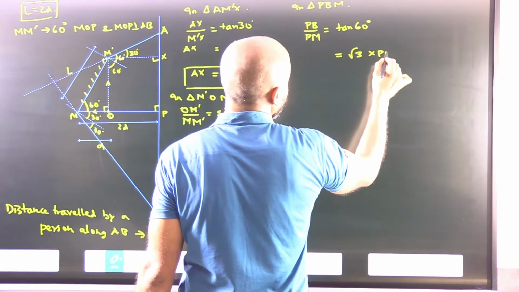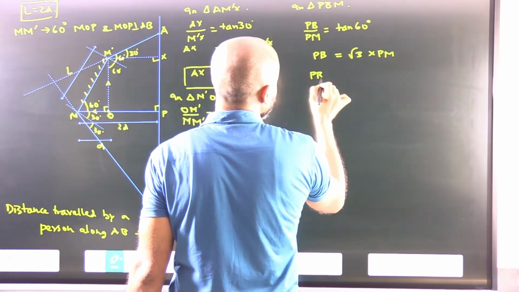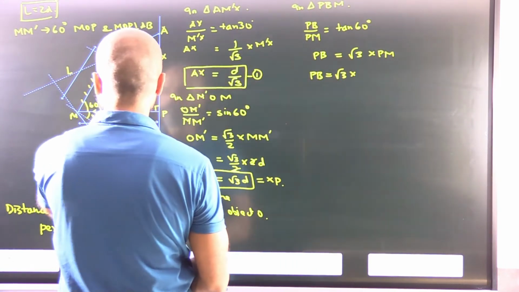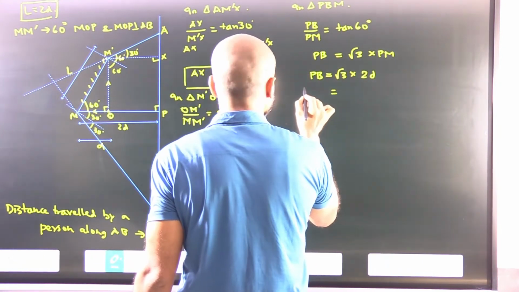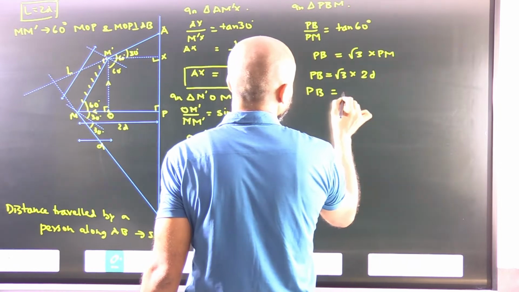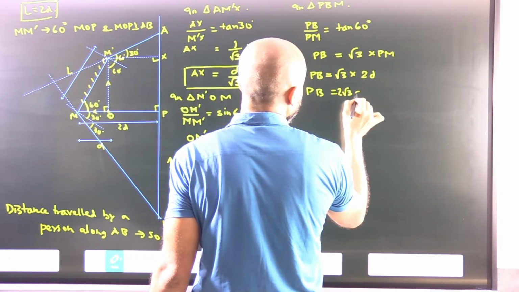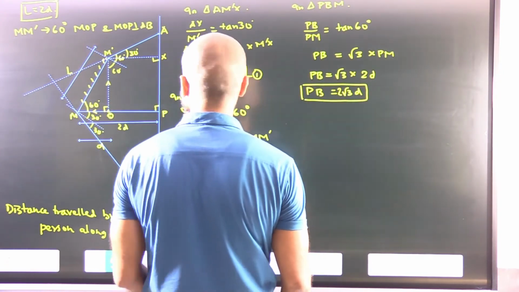So PB will be equal to under root 3 into PM. What is the distance of PM here? 2D. So PB will be equal to 2 under root 3 D.